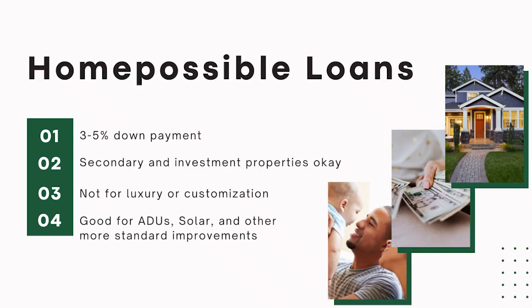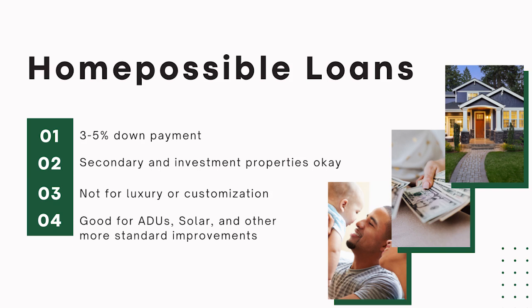Your next renovation loan is made by Freddie Mac. It's called Home Possible. Now Home Possible is a little bit more flexible because you can use it for primary residences, secondary homes, or investment properties. Now the unique thing is you can buy with 3% down or 5% down with Home Possible.